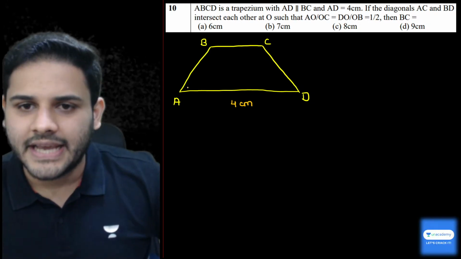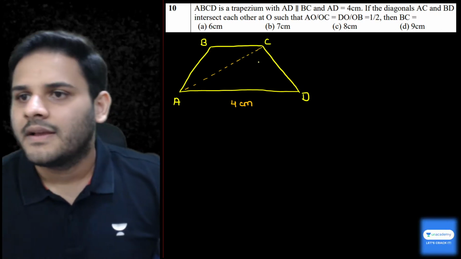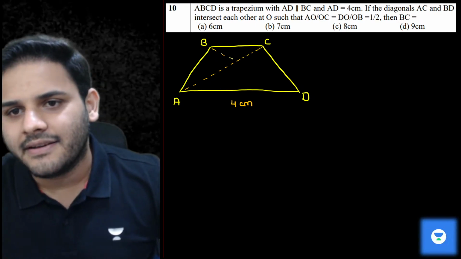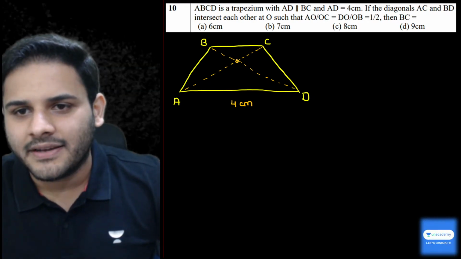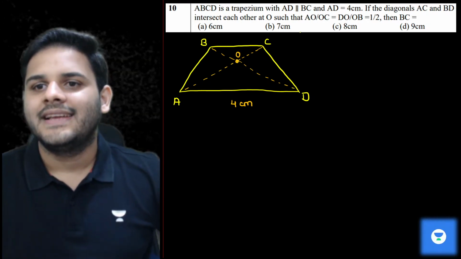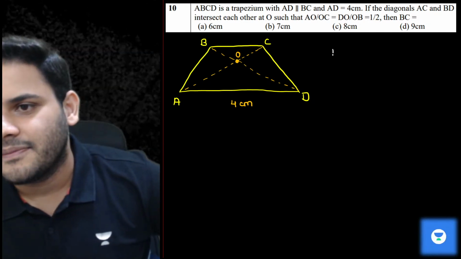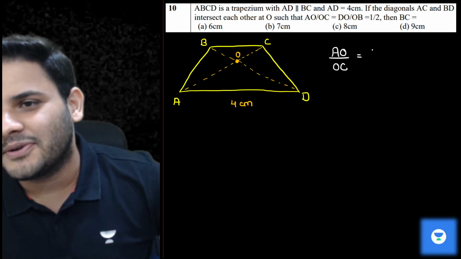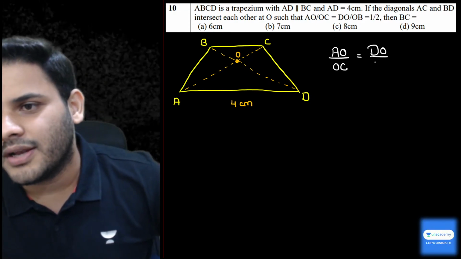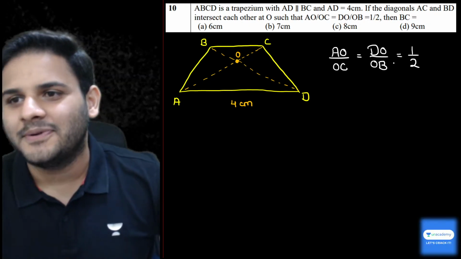If the diagonals AC and BD intersect at point O such that, what else is given to you? They have given you that AO upon OC is equal to DO upon OB is equal to 1 by 2.